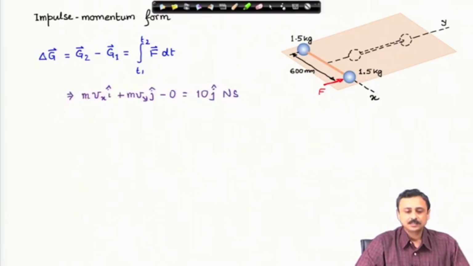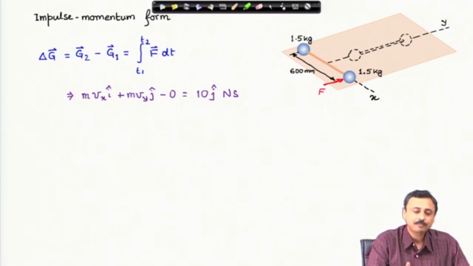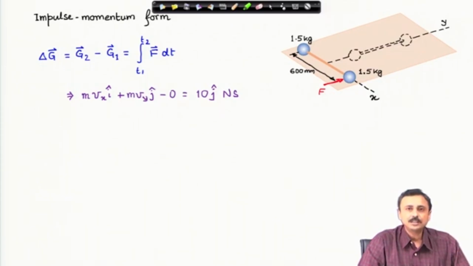If I express the linear momentum using this coordinate system, just after the impulsive force has been applied, the linear momentum G 2 is equal to mass times the velocity of the center of mass just after the impulse. So, that is mass times V x i cap plus mass times V y j cap, minus the initial linear momentum which is 0, is equal to 10 j cap Newton second.